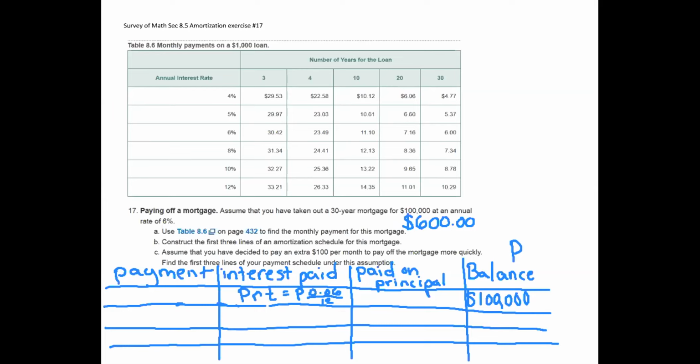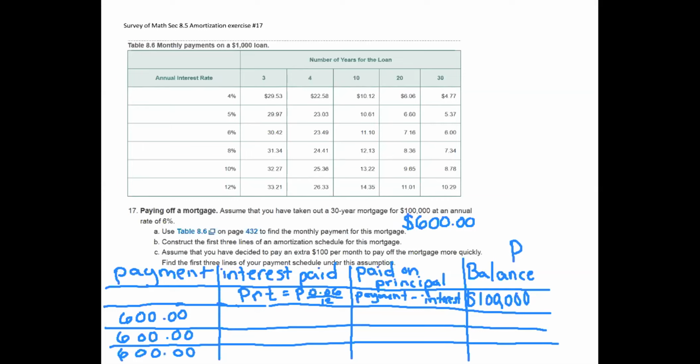And then the amount that's been paid on the principal will be the payment minus the interest paid. So just to give us some formulas here, one thing we know is we're always paying $600. That's not going to change. So there's our 3 lines.